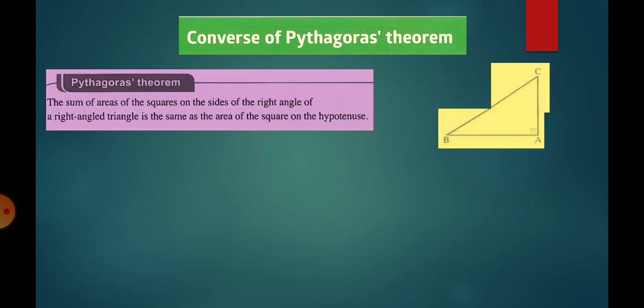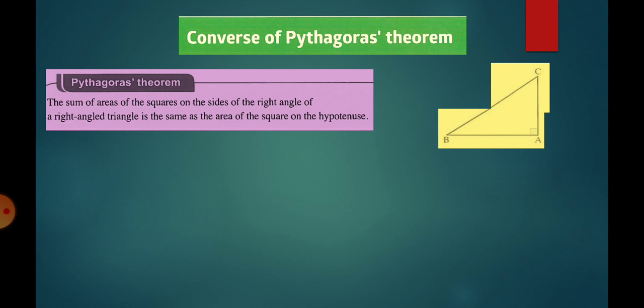If we have the triangle ABC, the measure of angle A equal 90 degrees, then the opposite side of A is called hypotenuse. If we have ABC right angled at A, the side opposite to the right angle is called hypotenuse.